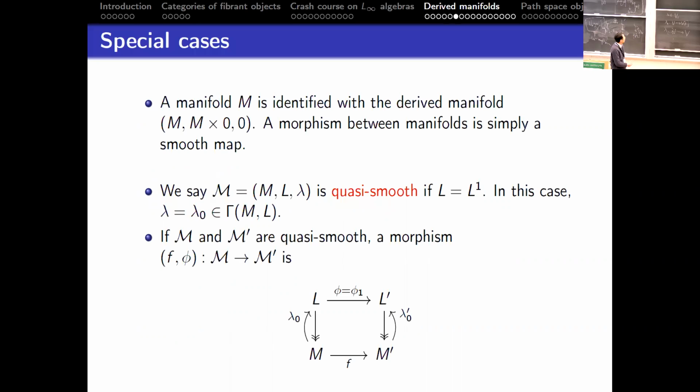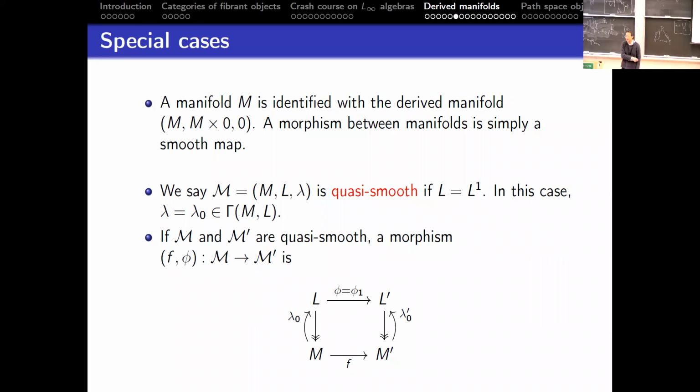One example is this one, which is obvious. The usual manifold, let's look at this manifold. This is what Rio was talking about. If this vector bundle only has one component, degree one, L1, then lambda zero is just this section. This is one of the special cases. And then what is a morphism? You can see, if the intersection of lambda zero, lambda zero prime, what is a morphism? This is what we call quasi-smooth.